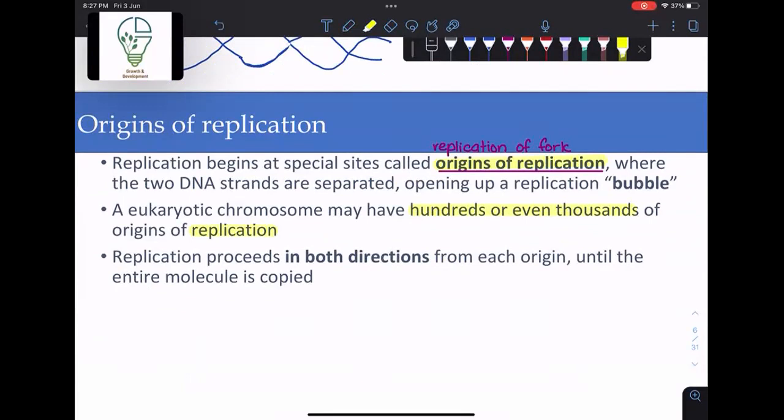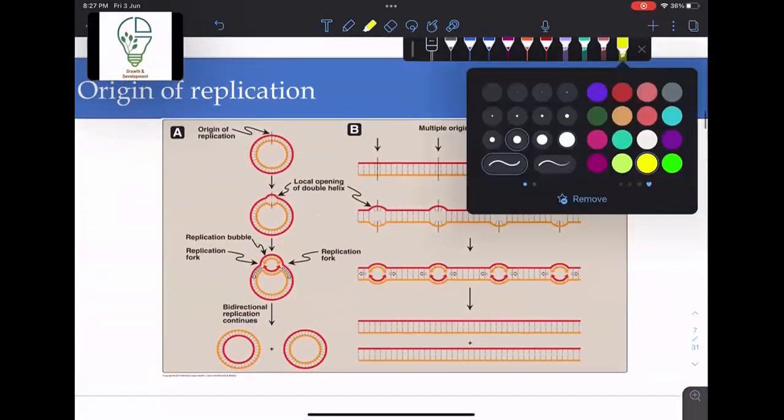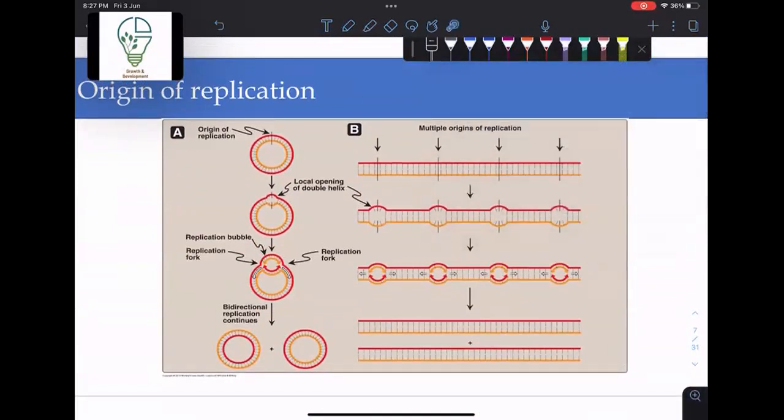It goes either way. So if there is a picture here, this is what it looks like. As you can see here, this is the origin of replication, or also called the replication fork. And as you can see, there are multiple origins of replication along the DNA strand, which means that there are multiple sites along this DNA strand that begin to uncoil.